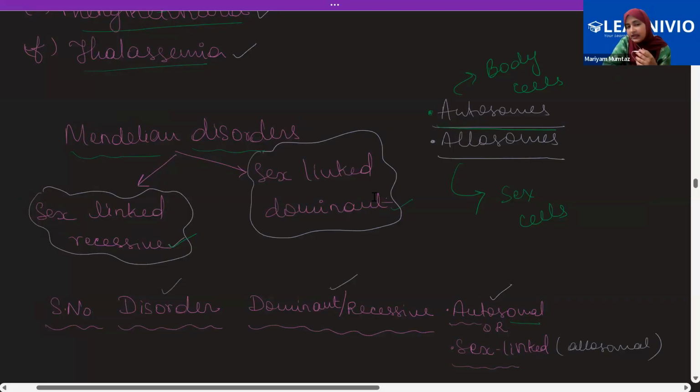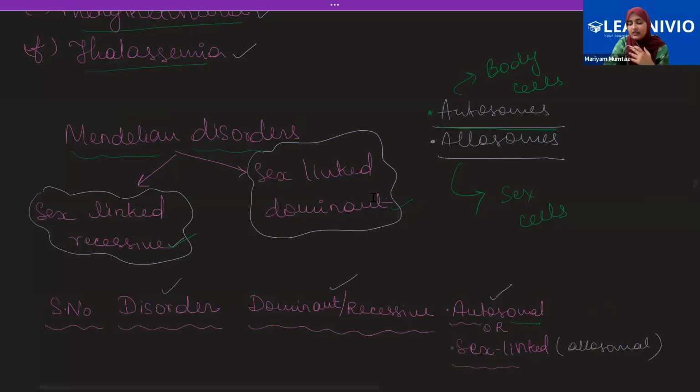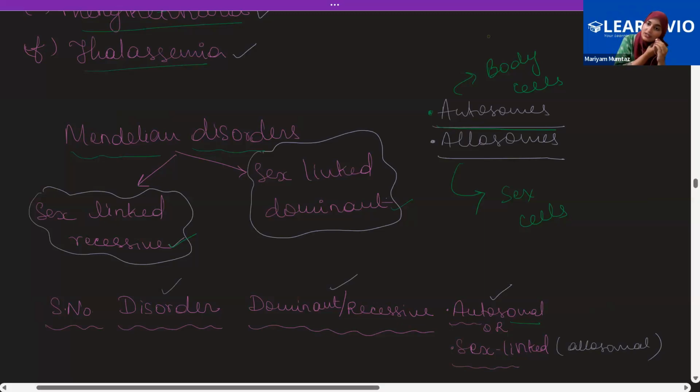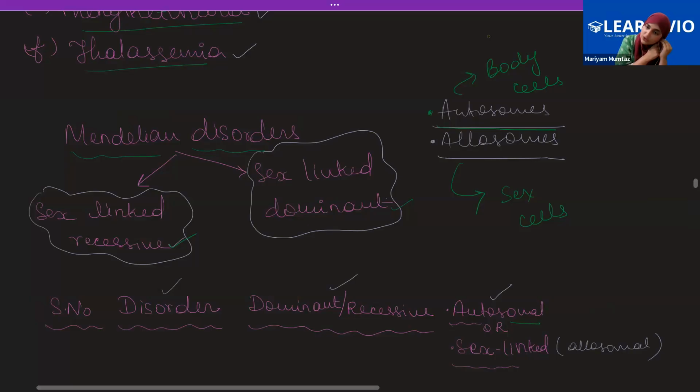You know dominant and recessive, right? A recessive trait will be expressed in one condition. What is the name of that condition, students? The condition in which the recessive trait gets expressed is called what? Homozygous.